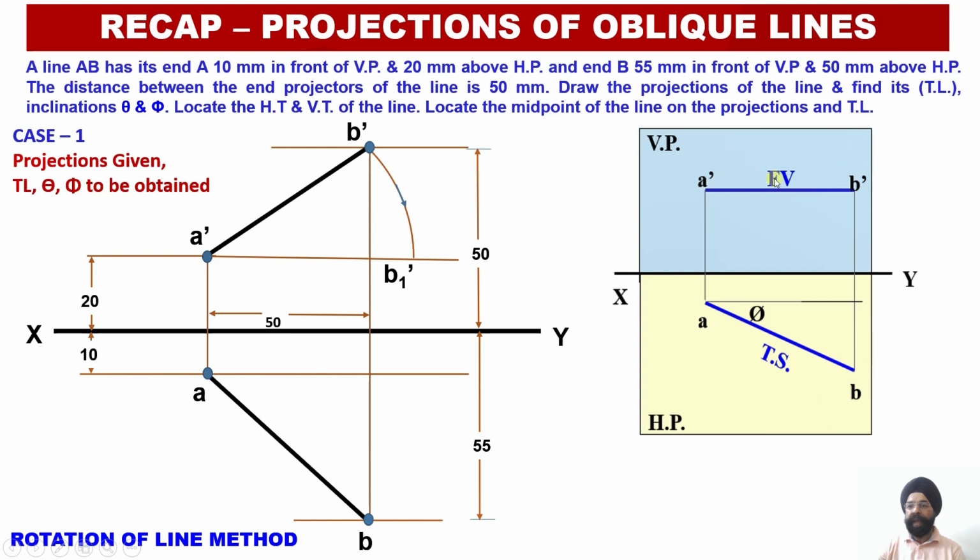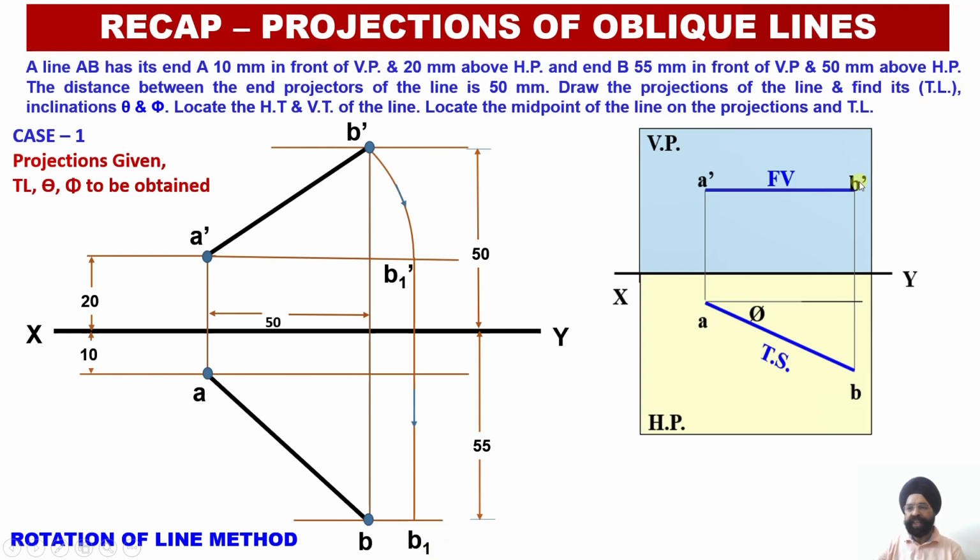Now once I get an apparent length projection parallel to the horizontal plane, I am going to draw a vertical projector over here and my true length will appear over here. Now the question arises, how much do I need to draw this perpendicular projector? I need to draw the perpendicular projector from B1 dash till the locus line of the second end point of the plan projection. So please see, I'm going to drop a perpendicular onto the locus line of point B. Since this projection was B1 dash, the point obtained over here will be B1.